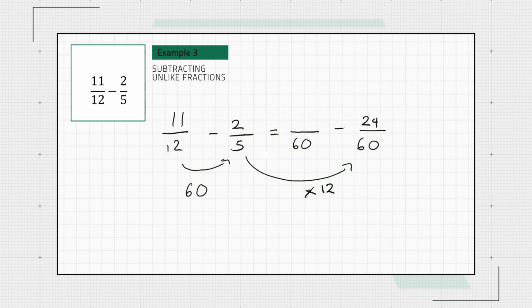So we have to do the same to the 11. 11 times 5 is 55. Alright, now that we have both of them as like fractions, we can take one away from the other. So 55 over 60 minus 24 over 60 is going to be equal to 31 over 60.